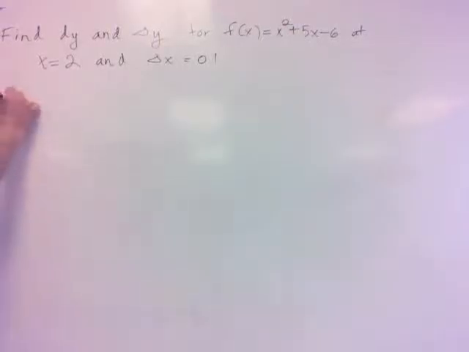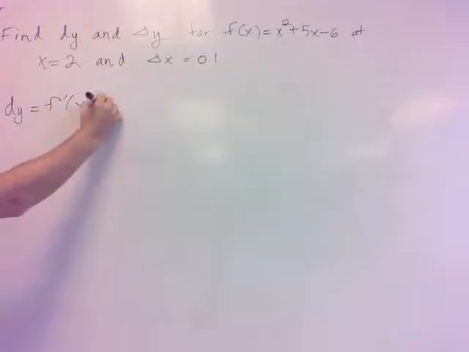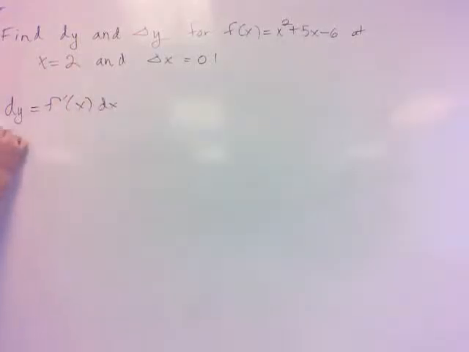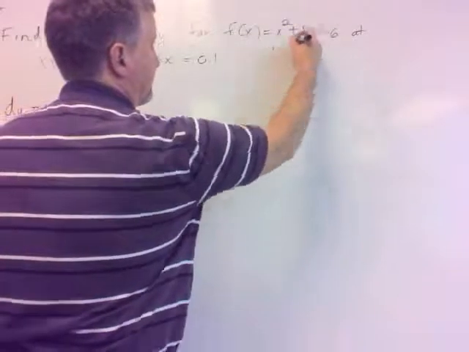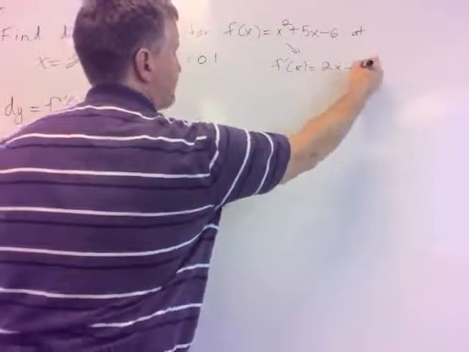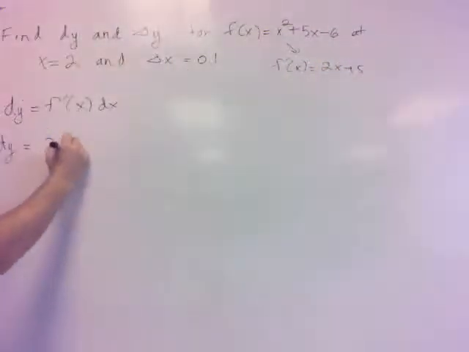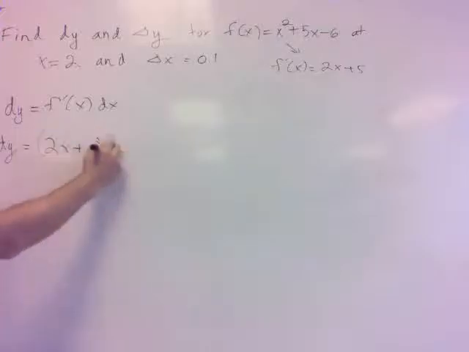Let's start with dy, since that's the first one I wrote there. dy is just f prime of x times dx. Okay, well, f prime of x is easy. f prime of x is just the derivative, 2x plus 5, times dx. Now, in this case, we do have numbers to plug in, don't we?